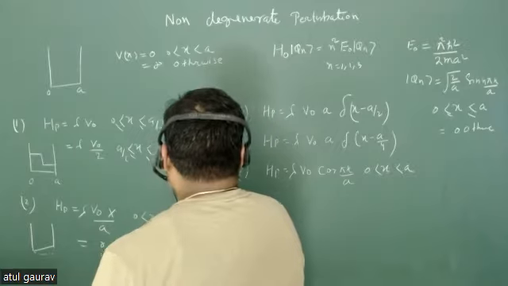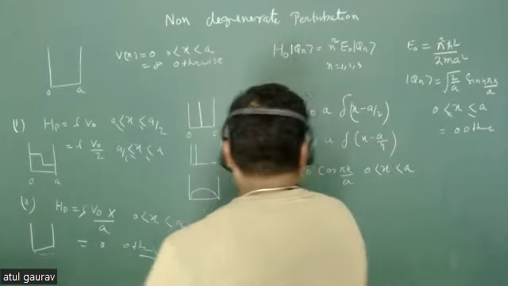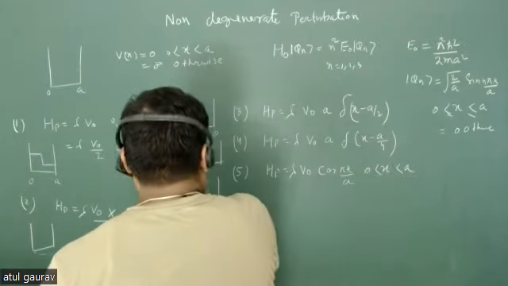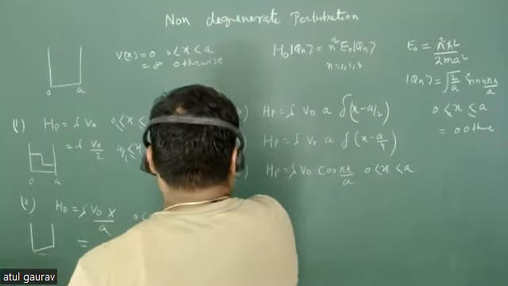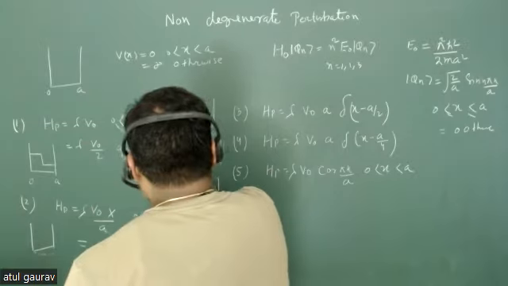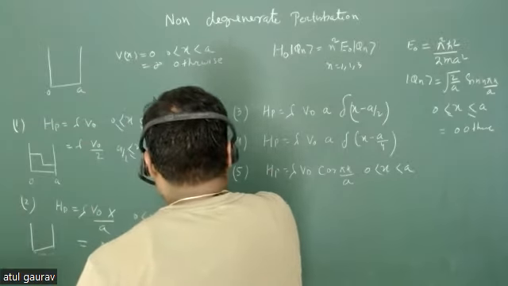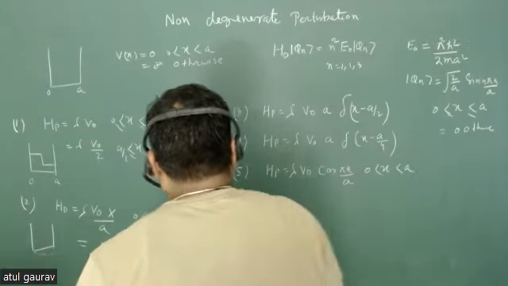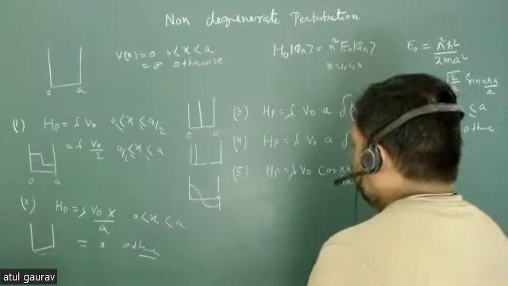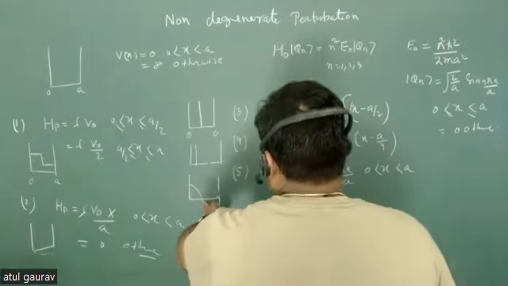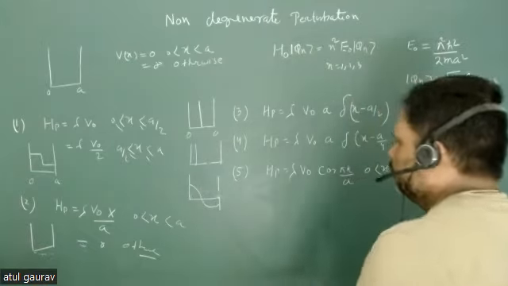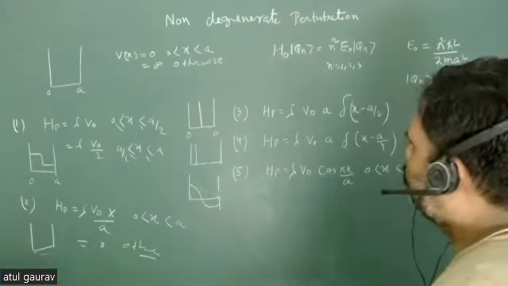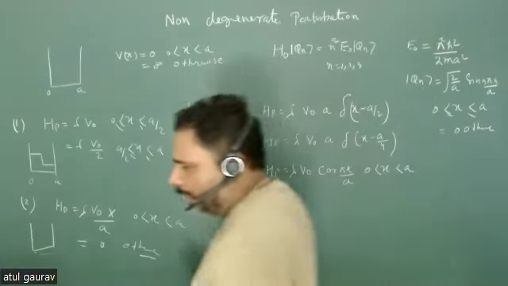At 0, what will be the value of cos? Maximum. So this will be something like this, at a by 2 it is minimum, and again it will be negative. So these are the 5 perturbations.